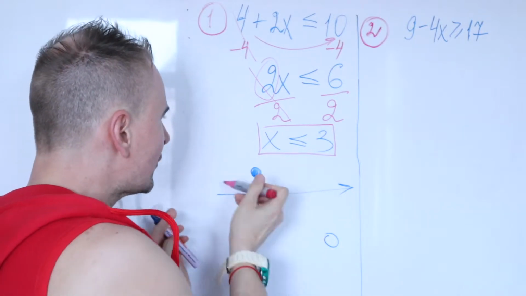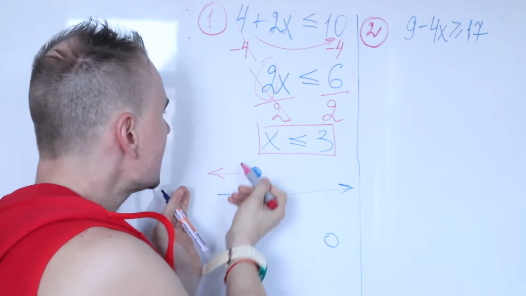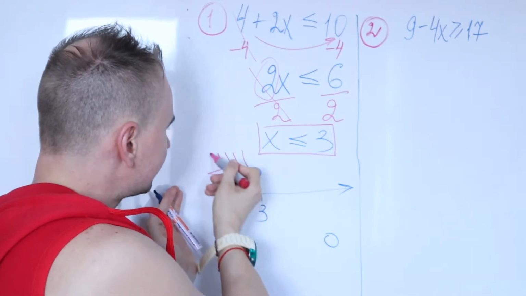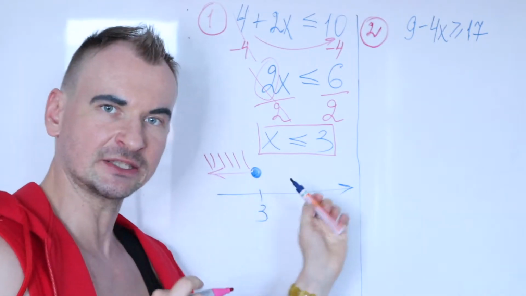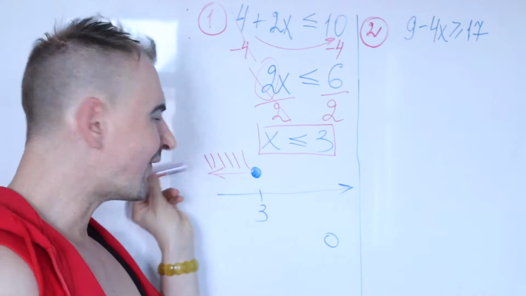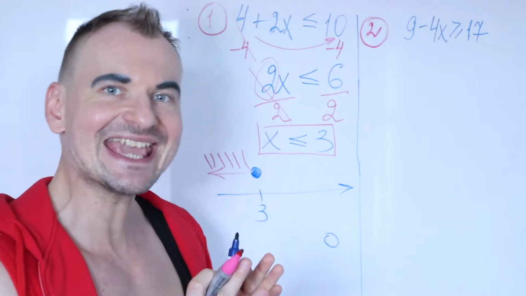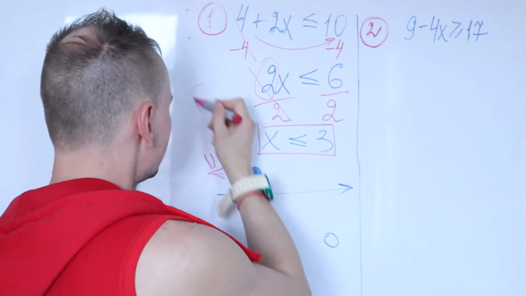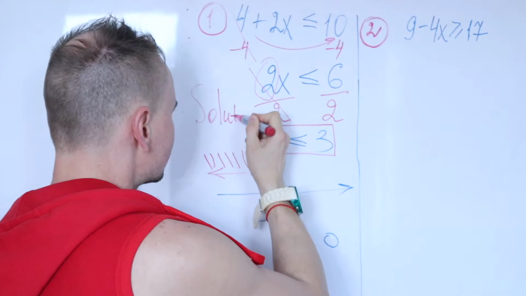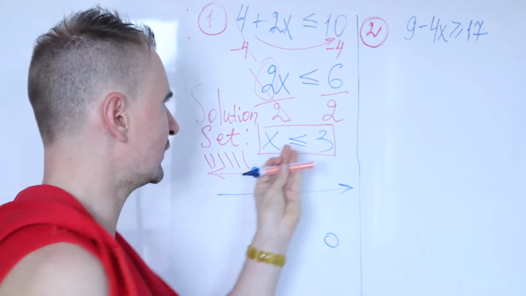So your x's are less than 3. I'm going to shade it, and this shaded arrow that heads toward the left represents the solution set for this inequality.